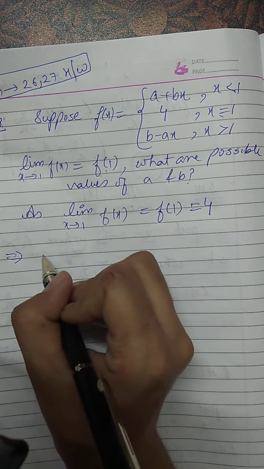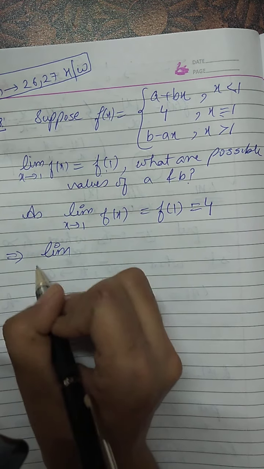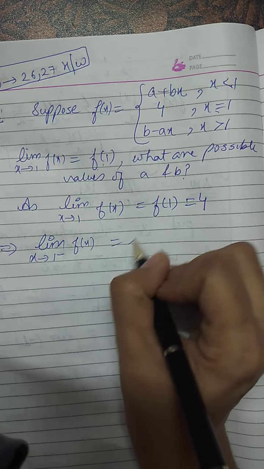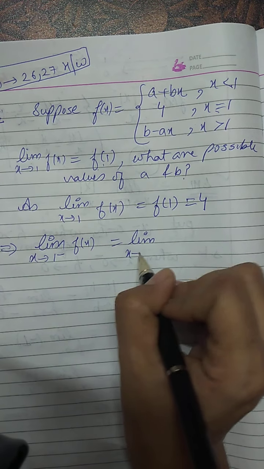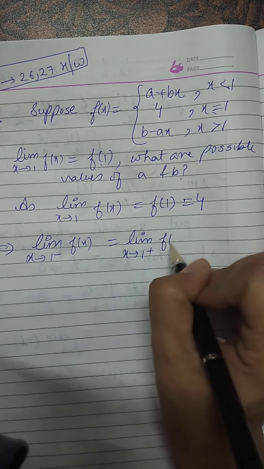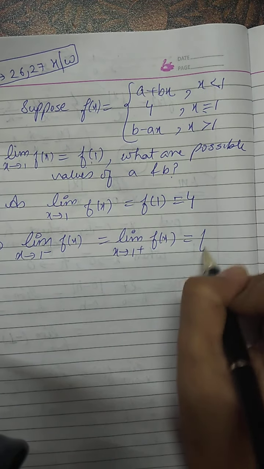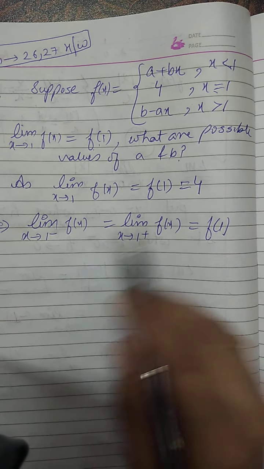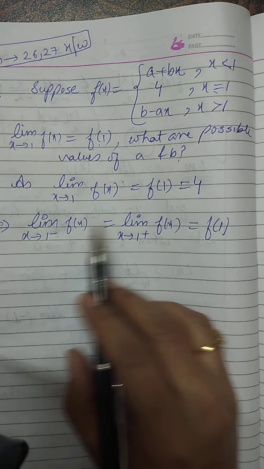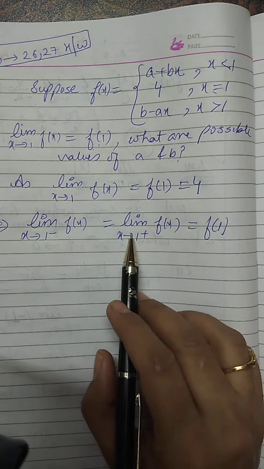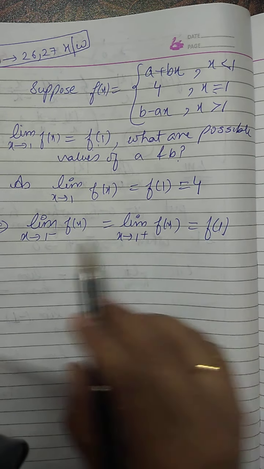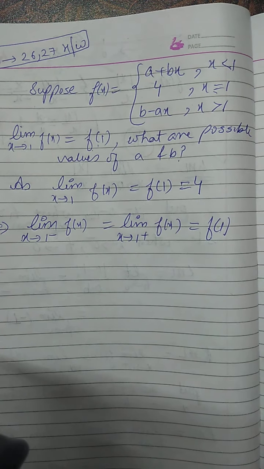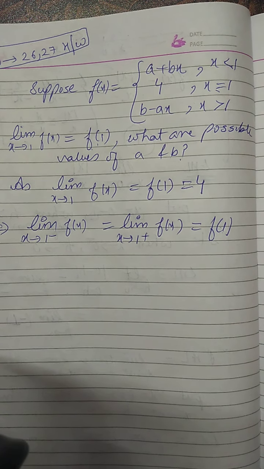So it implies limit as x approaches 1 from left will be equal to limit as x approaches 1 from right, and both these will be equal to f of 1. So from this condition, the left hand limit is equal to 4, and the right hand limit will also be equal to 4. Two equations we will get, and two unknowns a and b are there. We will solve the equations to get the answer.